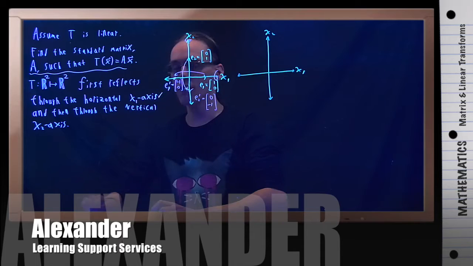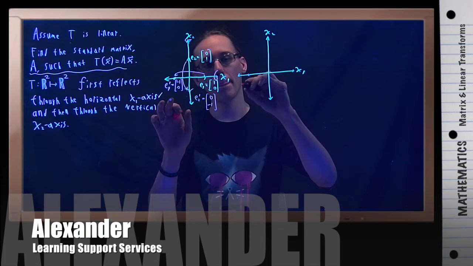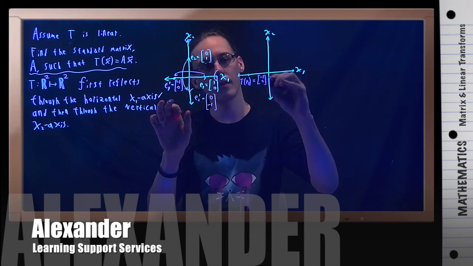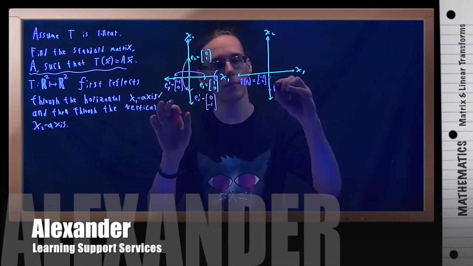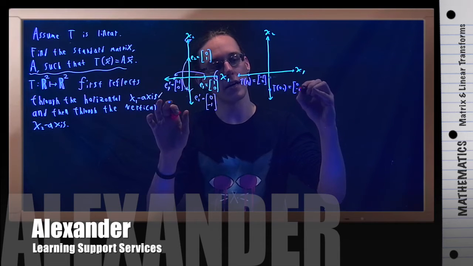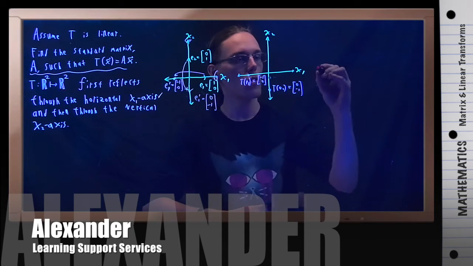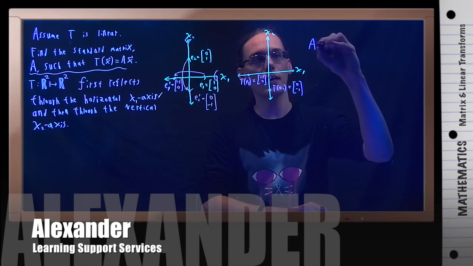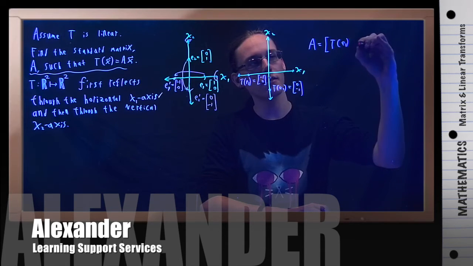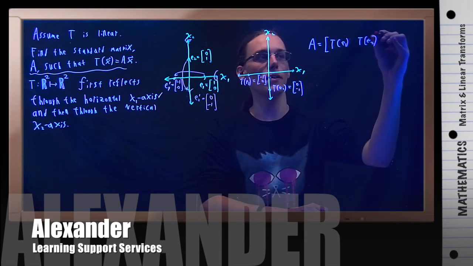Now that I'm done, I can safely call these the transforms of E1 and E2. The transform of E1 is over here, and it is -1, 0. And the transform of E2 is down here, and it is 0, -1. What's cool is that once you've determined those individually, your standard matrix A is just the matrix whose columns are the transform of the first basis vector, the transform of the second, and if this was 3D space or higher, you would just keep going.